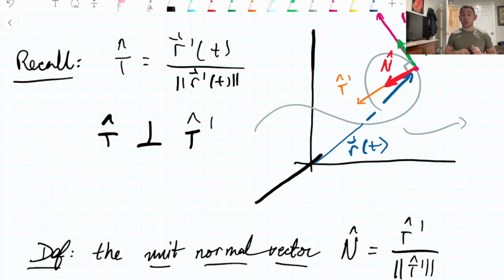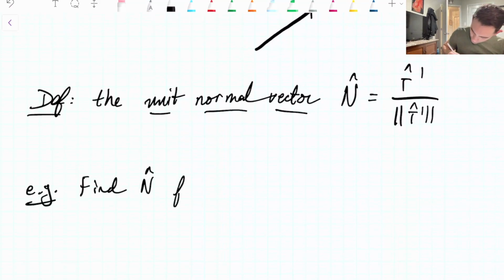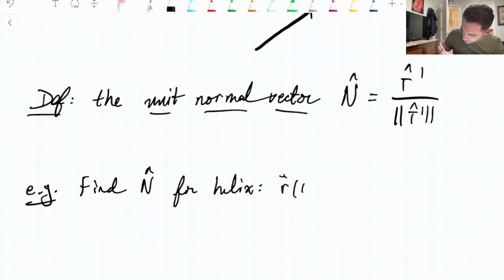So let's go ahead and compute n hat for our favorite curve in space, of course, the unit standard helix. So for example, let's find n hat for the helix r of t equal cos t, sine t, t.